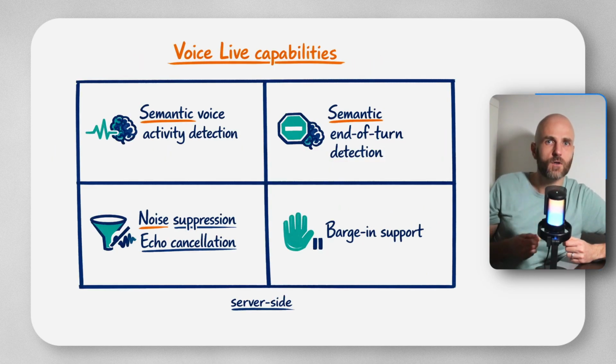There is semantic voice activity detection, so it's looking at meaning, not just silence. There is semantic end of turn detection, so it can better detect when I am actually done talking. And there is server-side noise suppression and echo cancellation, so I don't have to build a post-processing pipeline. And barge-in support, which is required because real users interrupt mid-response.